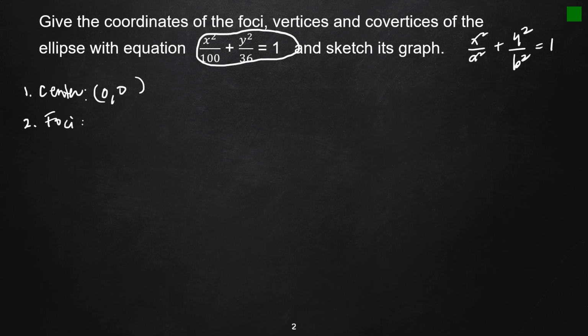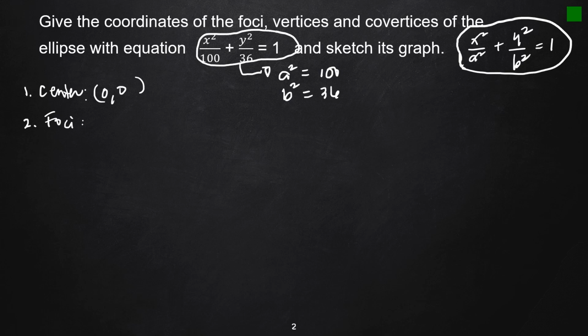Here in our equation, based on the standard equation of the ellipse that we derived in the previous session, our a squared is equal to 100 and our b squared is equal to 36.